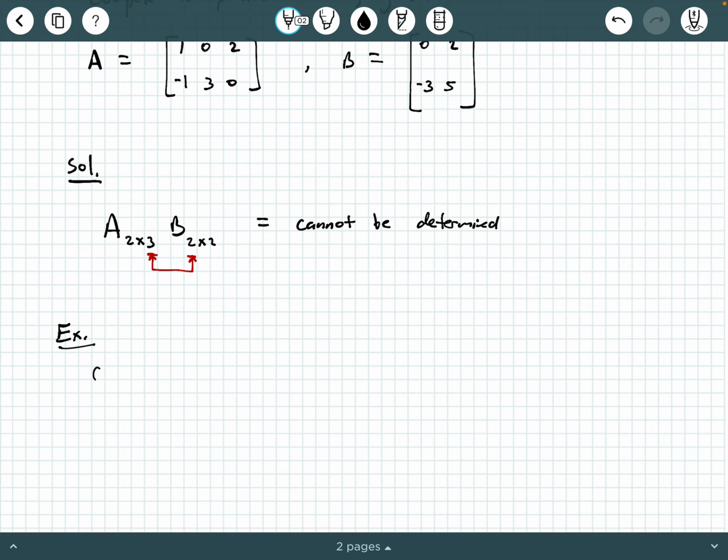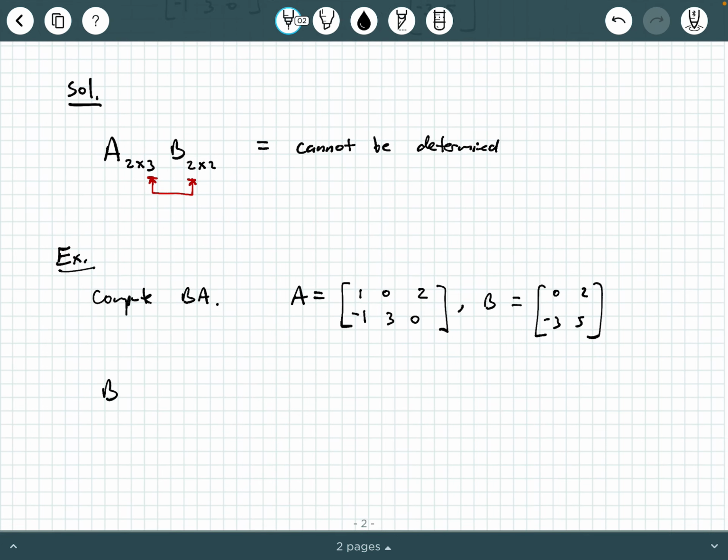Let's use the same matrices. Compute B times A. Again, A is the same matrix. I'm just going to rewrite it here so we can see a little better. 1, 0, 2, negative 1, 3, 0, and B equals 0, 2, negative 3, 5. All right, can we do this now?